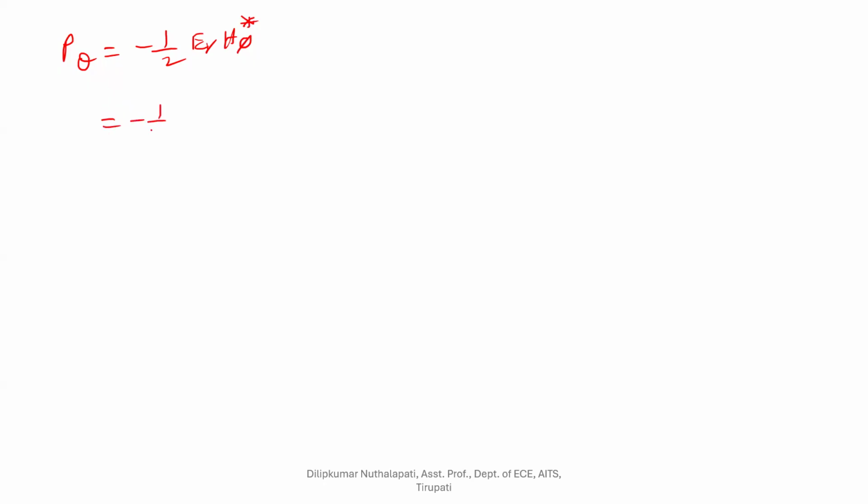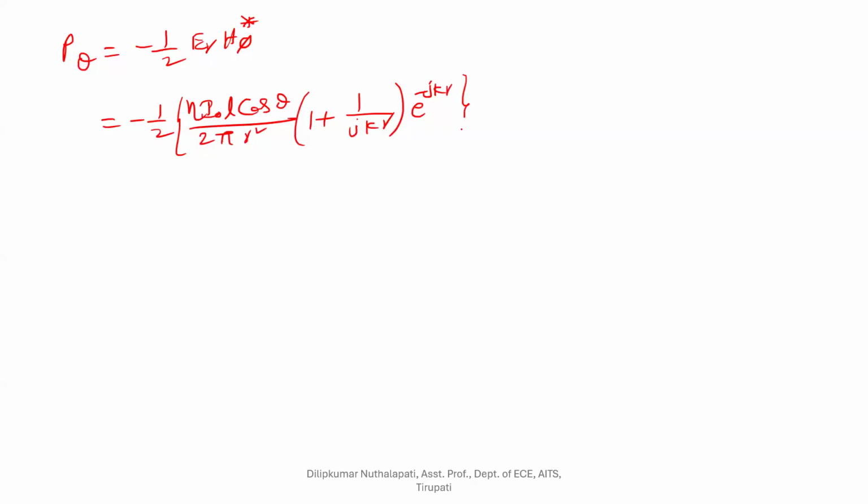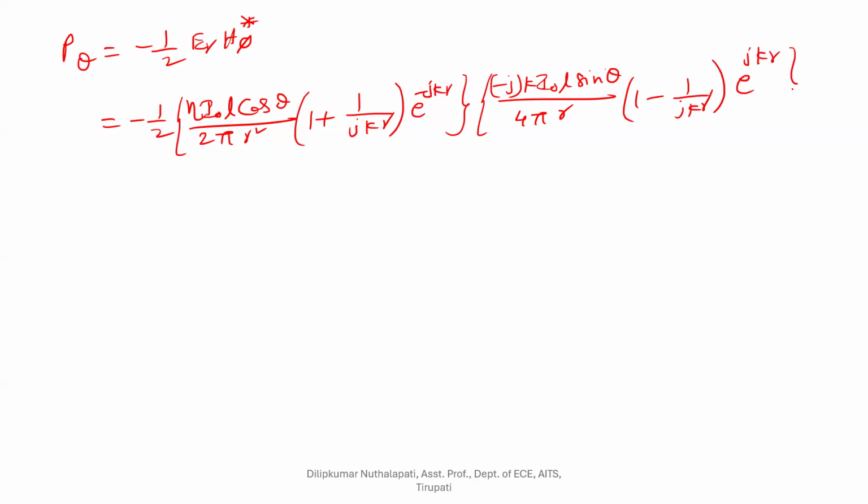That is equal to minus 1 by 2 into neta I naught L cos theta divided by 2 pi r square into 1 plus 1 by jkr into e power minus jkr, minus j into k I naught L sine theta divided by 4 pi r into 1 minus 1 by jkr into e power jkr.